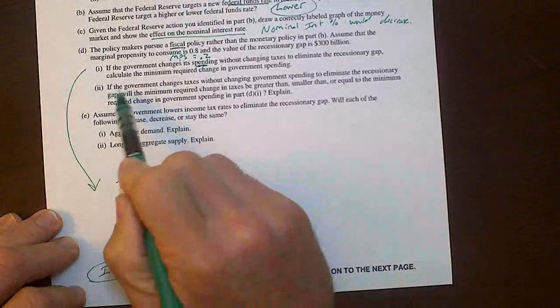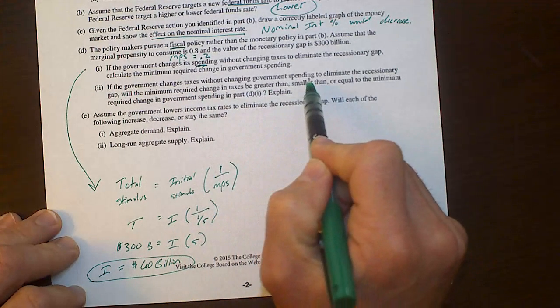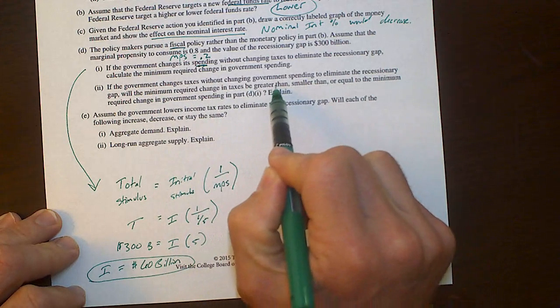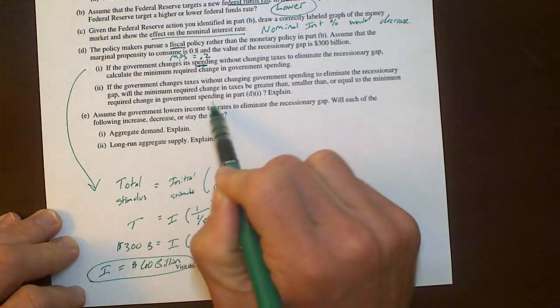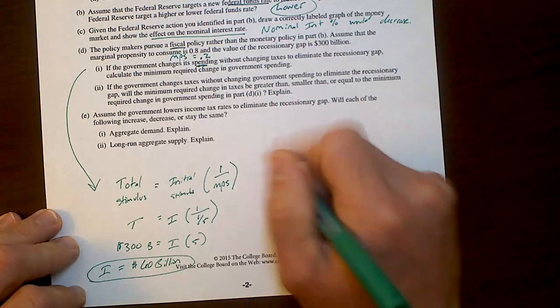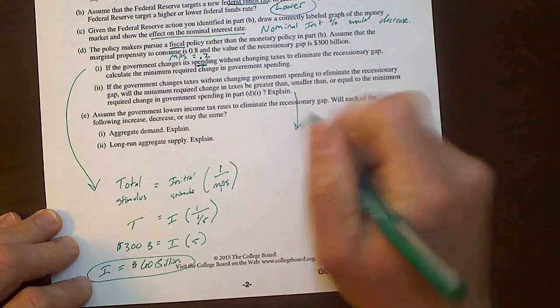Back up here. If the government changes taxes without changing government spending to eliminate the recessionary gap, will the minimum required change in taxes be greater than, smaller than, or equal to the minimum required to change government spending in Part D1? Explain. So this is another big one. We're going to come down here for it.